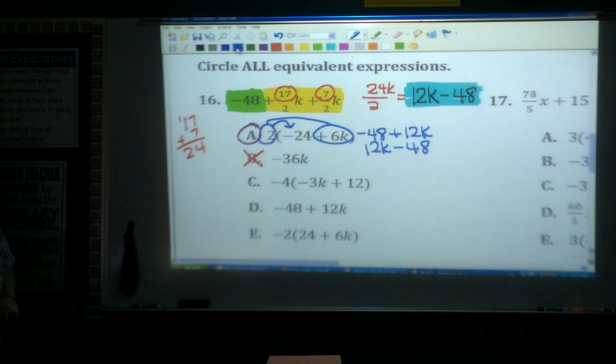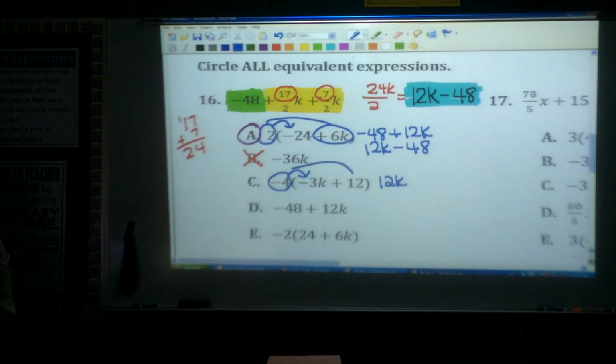Now let's look at C. Again, let's apply our distributive property. Negative 4 times negative 3k is 12k. And negative 4 times 12 is negative 48. And it looks like, again, we have a solution for this problem.